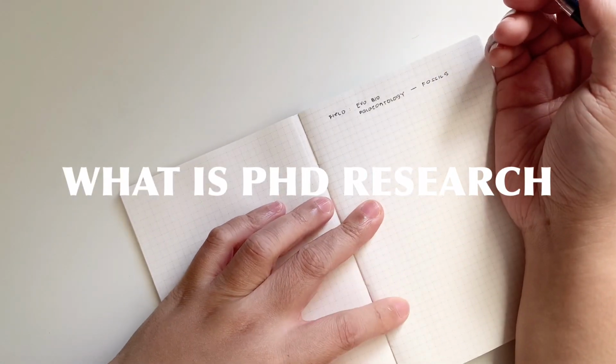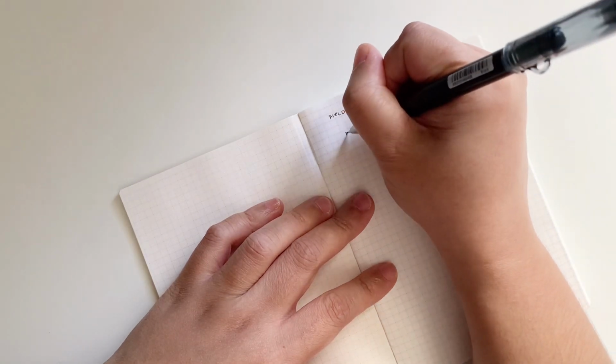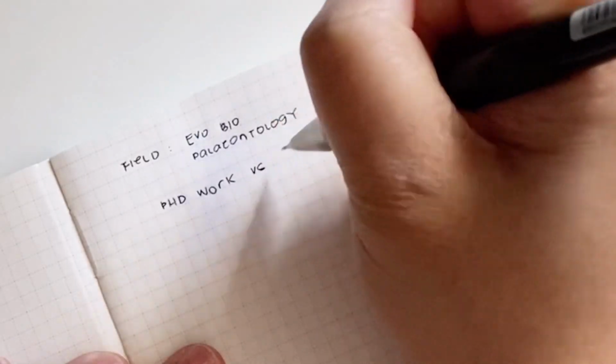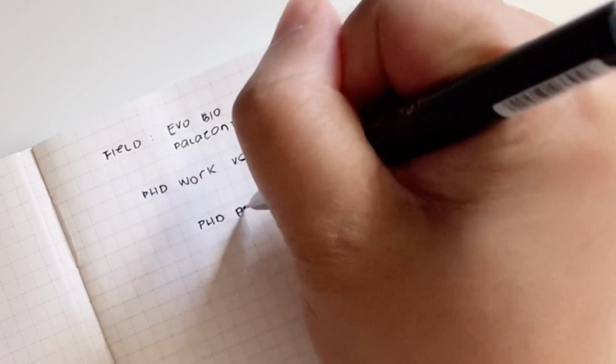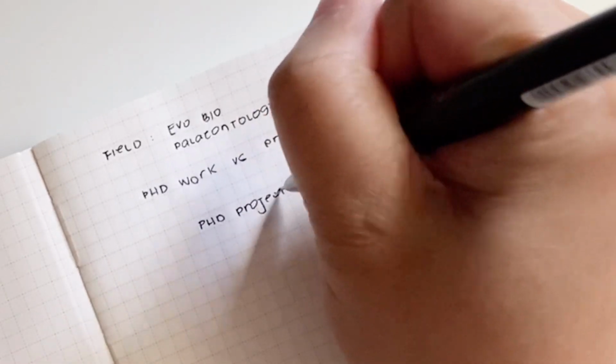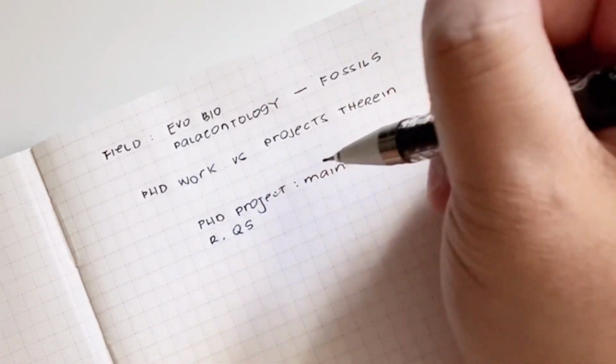Also, there is going to be a difference between your main PhD work versus projects within it. So for PhD work, you have your PhD project, so that's your main one, which has its own research question or questions.